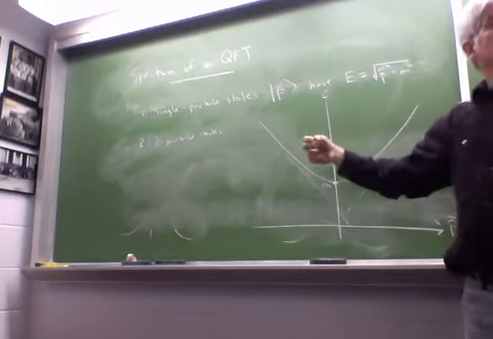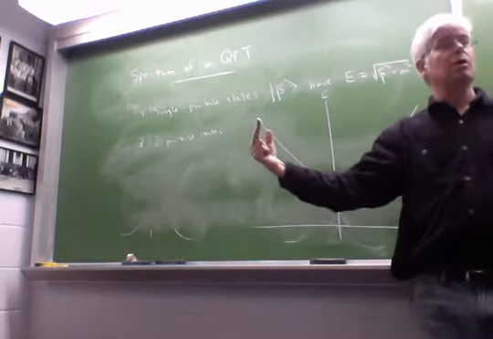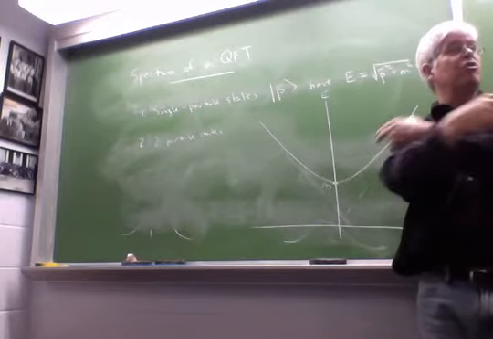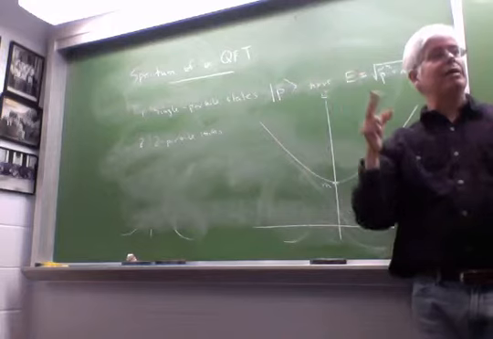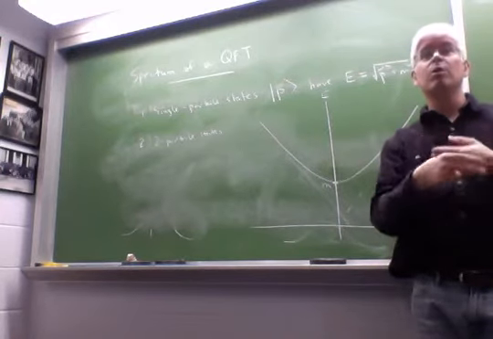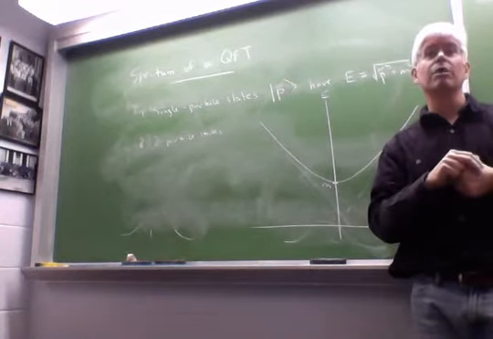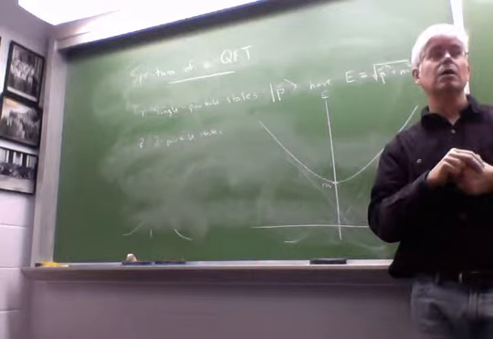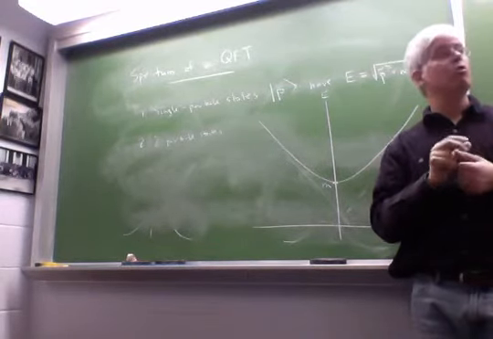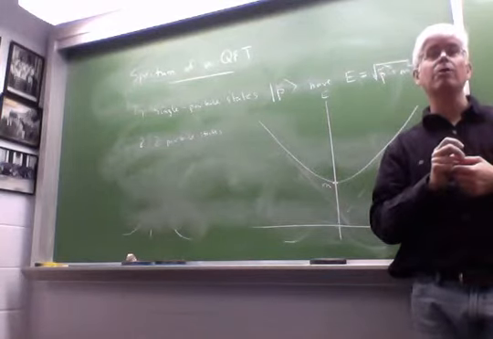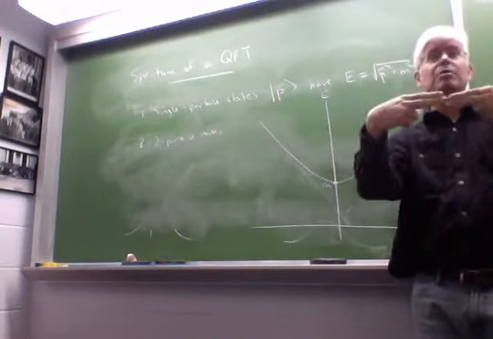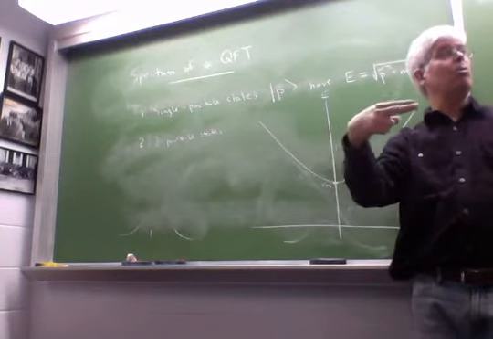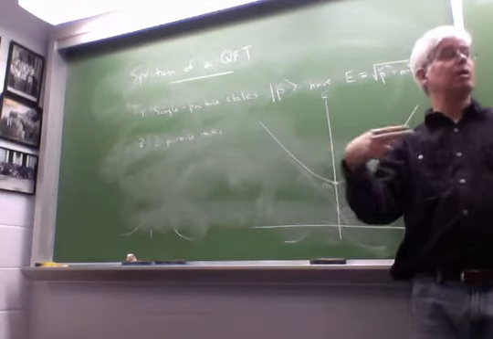Because if you have two particles, they could be moving relative to each other in addition to their parallel velocity, and that relative motion also contributes to the total energy. Okay? So even if the total momentum of a system of two particles is 0, like say they're coming towards each other with equal and opposite momentum, there would still be non-zero energy.